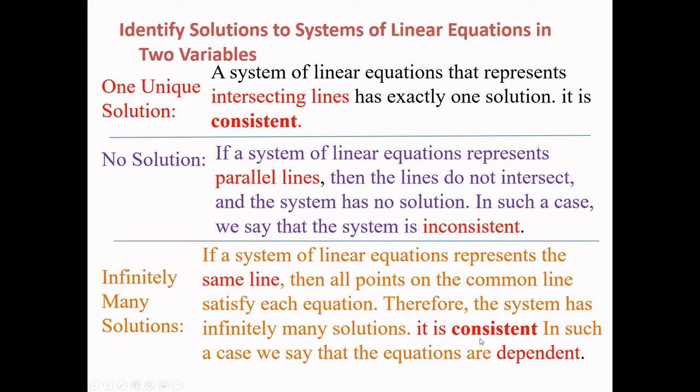It is consistent because there exist points, but they are dependent because since it's the same line, the x's and y's of one equation are dependent on the other. Okay.